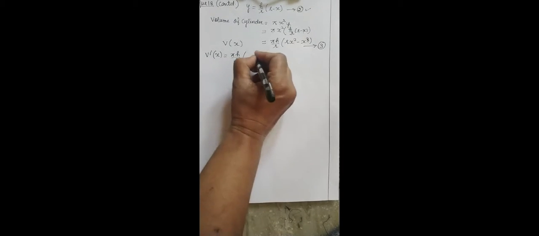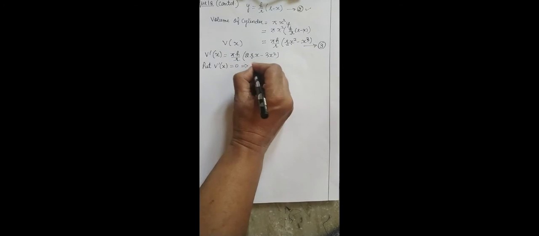So now what is v dash x? It is pi h upon r, which is 2rx minus 3x square. R being a constant quantity will be written as it is, and derivative of x square is 2x.